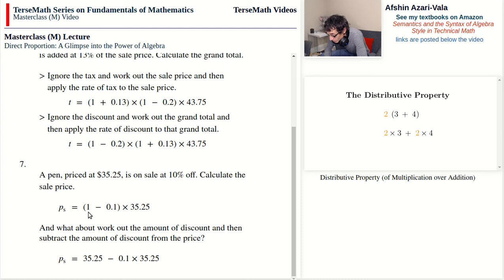The 1, of course, represents 100% of the price, which is why it turns into 35.25. That's the price. The 0.1 represents the rate of discount, and if you multiply that by the price, you find the amount of discount. So the equation, along with the distributive property, shows us that the two solutions will always work.